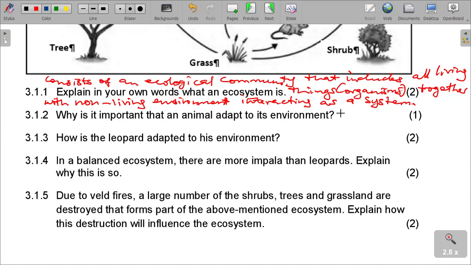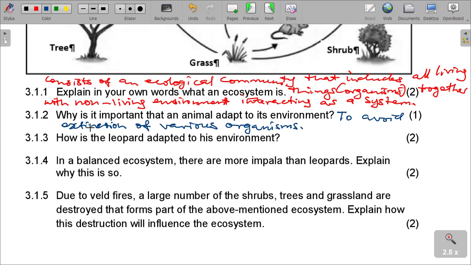We can just say to avoid extinction of various organisms. Because what you need to understand is that the environment changes, so if the organisms do not change, they can become extinct. So adaptation avoids extinction of various organisms. That's what we can say.